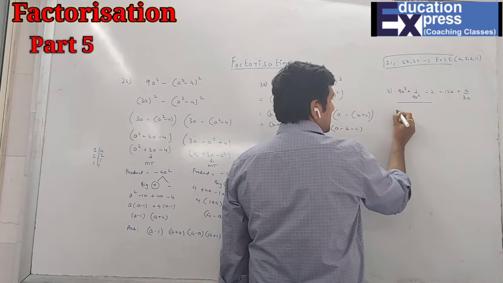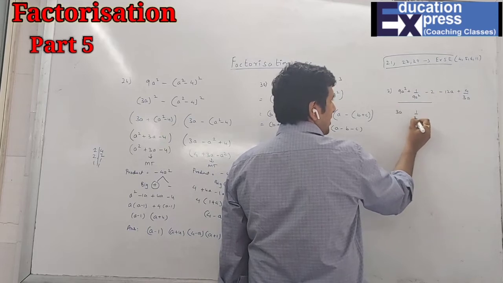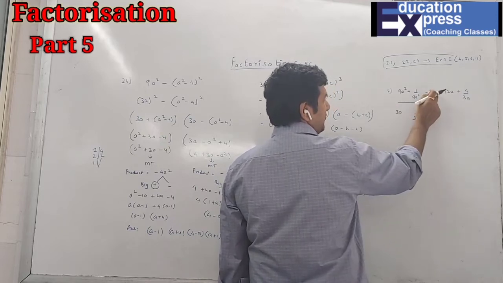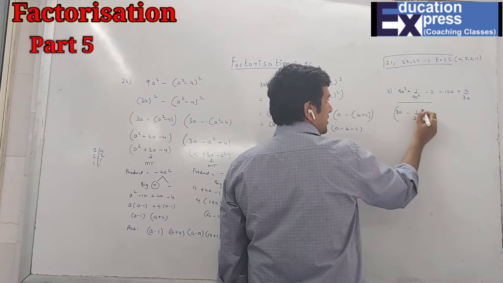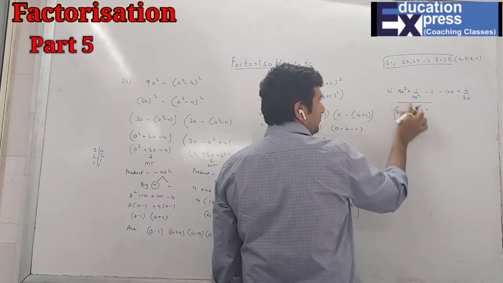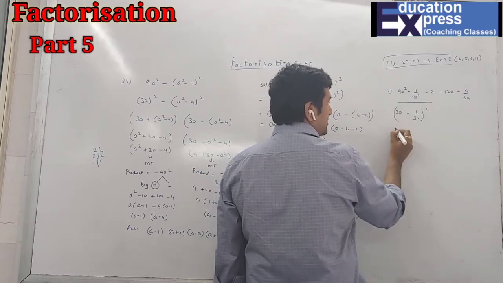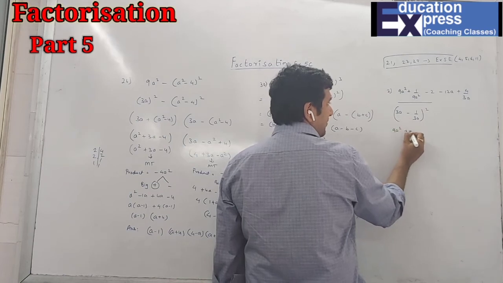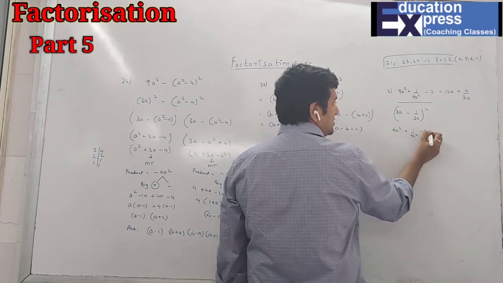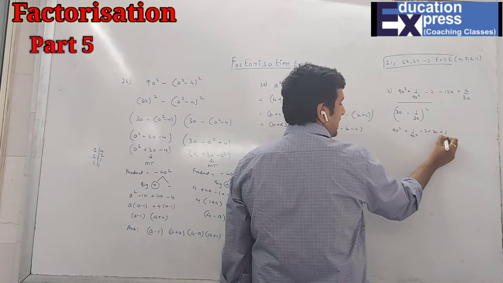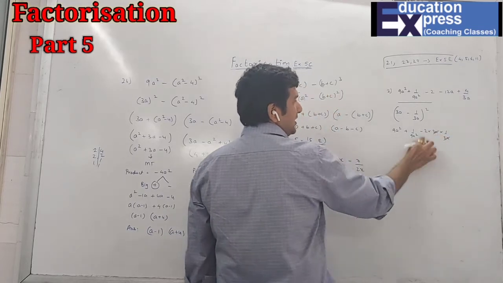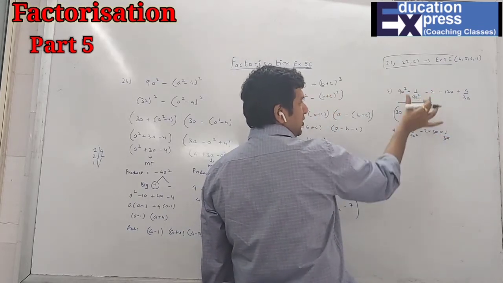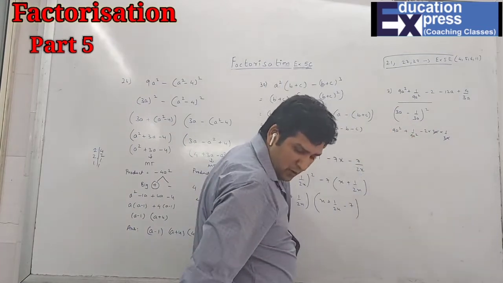So this is the square of 3a, this is the square of 1 upon 3a. The number doesn't have a perfect square and has what sign? Minus. So if you want, you can check a square plus b square minus 2ab. So a square plus b square minus 2 into 3a into 1 upon 3a. If you cancel, you get the same thing. That means this can be compressed to a minus b the whole square.